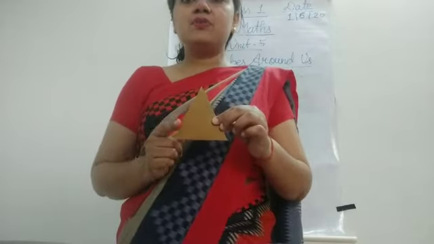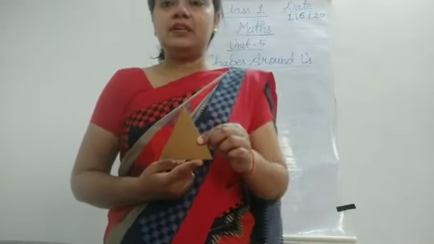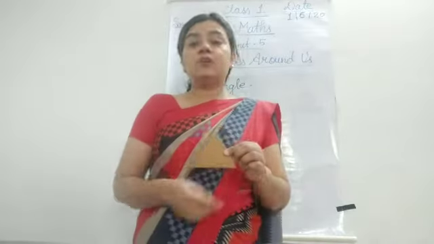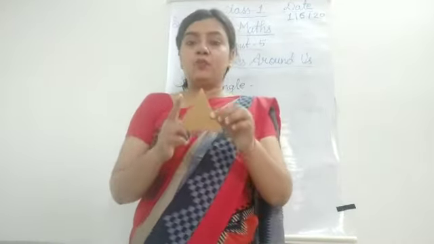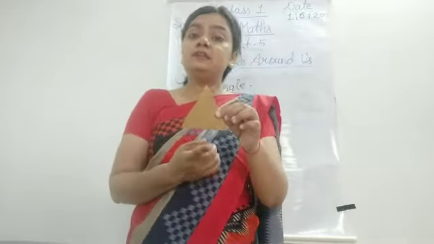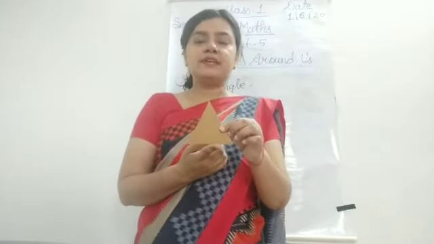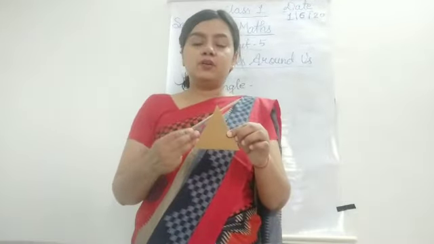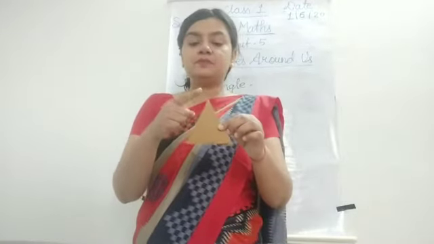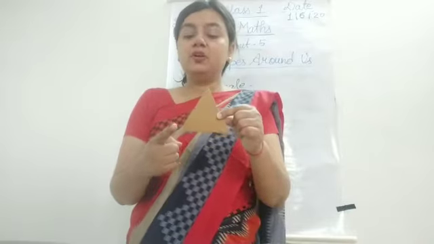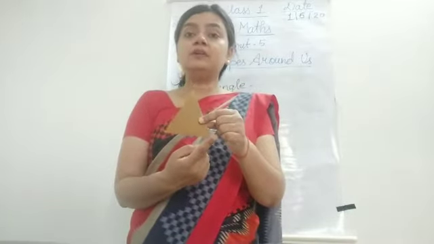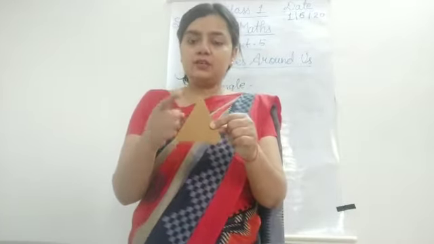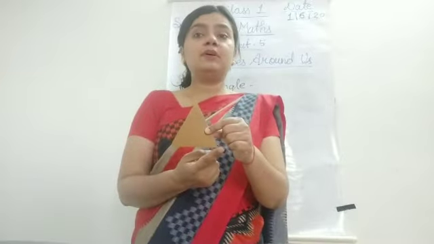You can count 1, 2 and 3. How many sides are there here? Only three sides. Three sides are there in a triangle. Along with three sides, three corners are also there. How many corners? Three corners. You can count corner number 1, corner number 2 and corner number 3.